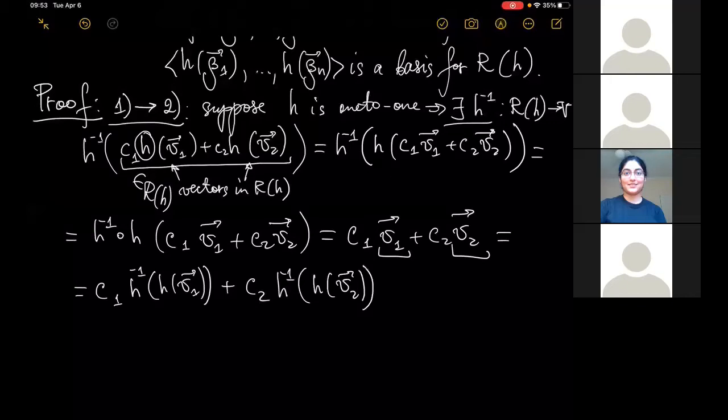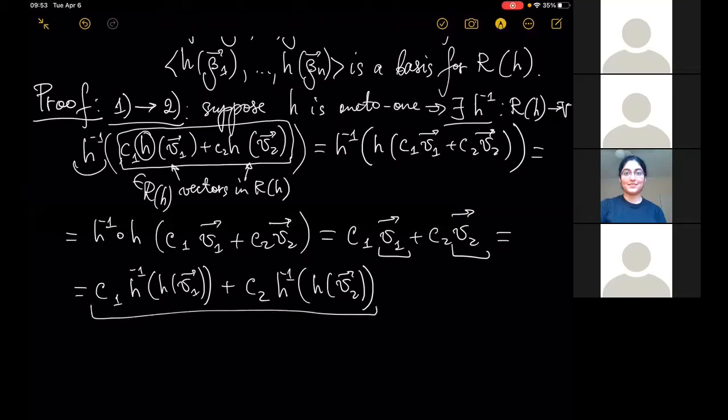So I have shown that if I start from an arbitrary linear combination of vectors from the range and apply H inverse, I get the same linear combination of H inverse applied to the corresponding vectors. So I have proven linearity.